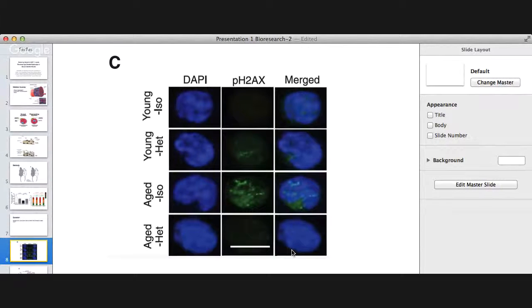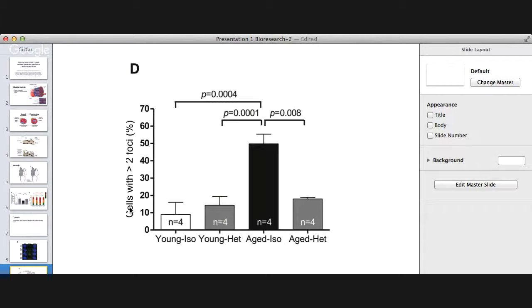Alrighty. So we're going to continue on. Basically a quantitative graph, or basically the figure that you see, the cells obviously on our y-axis, and we have them range from the young iso, young het, and aged iso.